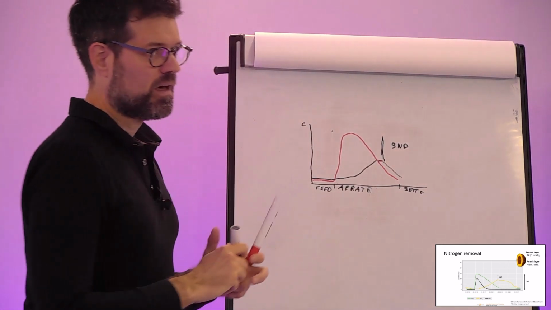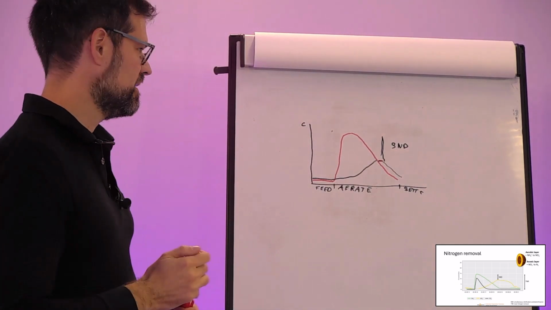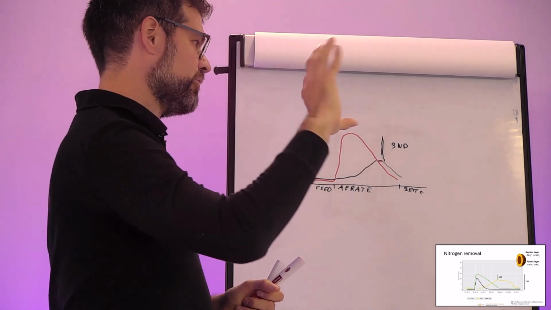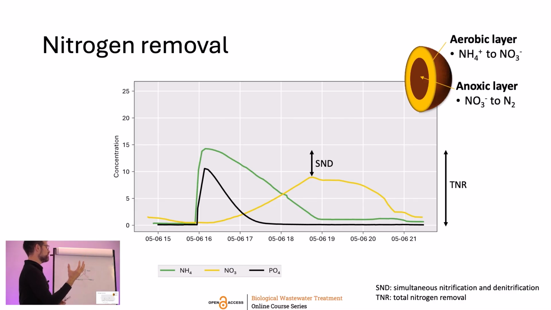And you see in the presentation, if you have a granule, we were talking about biofilm kinetics. What will happen is that the outer side of the granule will be aerobic, but the inner side will be anoxic during the main aeration.